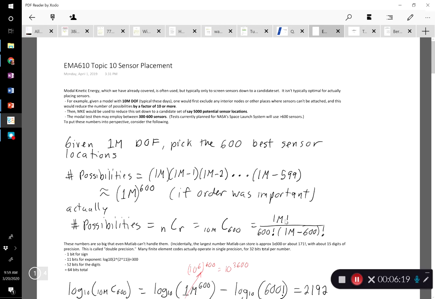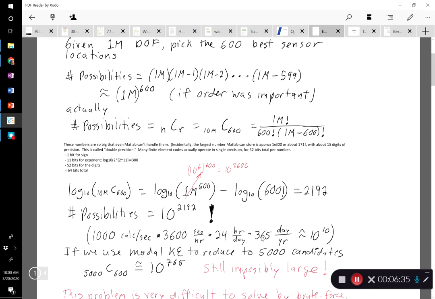So there's a formula where it's 1 million factorial over 600 factorial times (1 million minus 600) factorial. So these two terms are this right here, but we had to divide by 600 factorial to figure out what the real number of possibilities is.